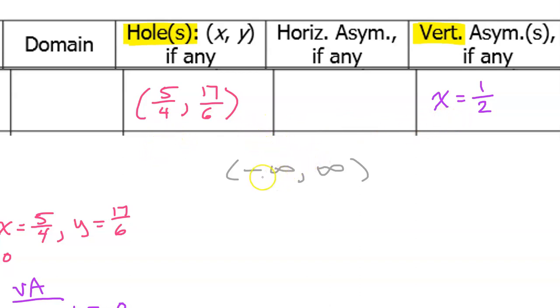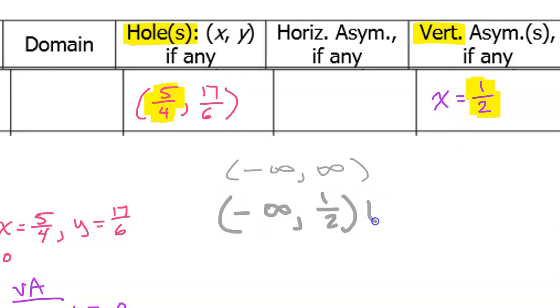So we can start off at negative infinity, but when we get to 1/2, we have to skip over that. And when we get to 5 over 4, we have to skip over that. Okay, so 1/2 is first. From left to right, 1/2 is before 5 over 4.